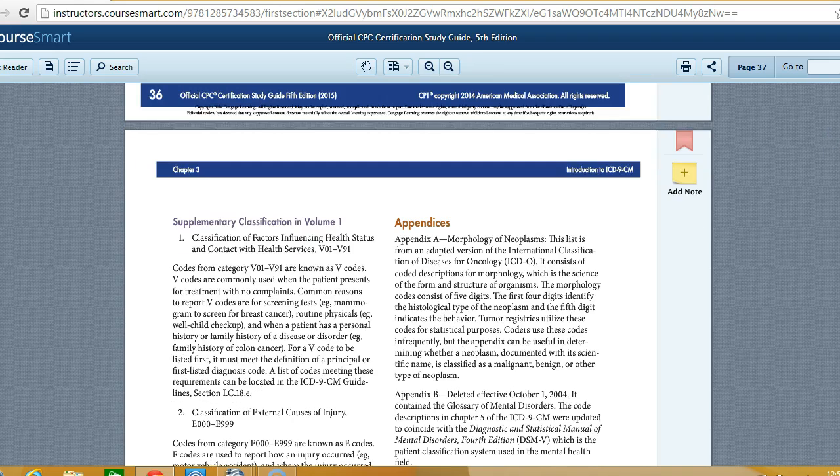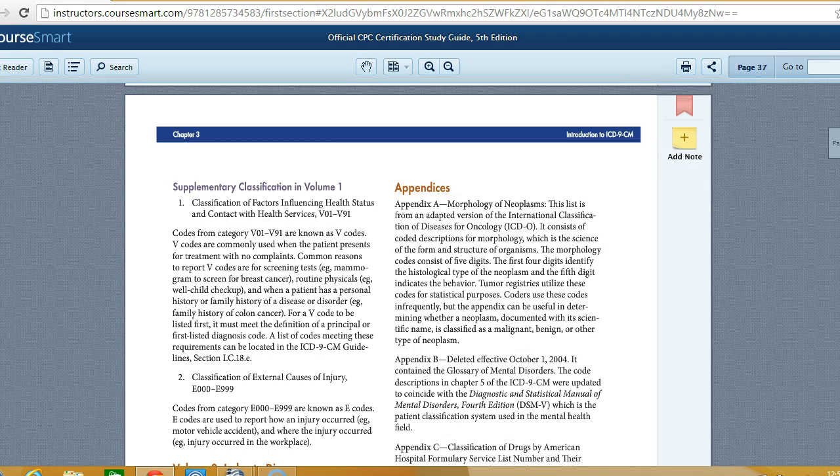All right. We also have in ICD-9, in volume 1, V codes and E codes. And you remember I told you a V code is probably called my preventative medicine codes. That means that the patient does not actually have something, but we want to take preventative measures to keep them from developing something. So make sure you know what a V code is, and an E code is an external cause for injuries.